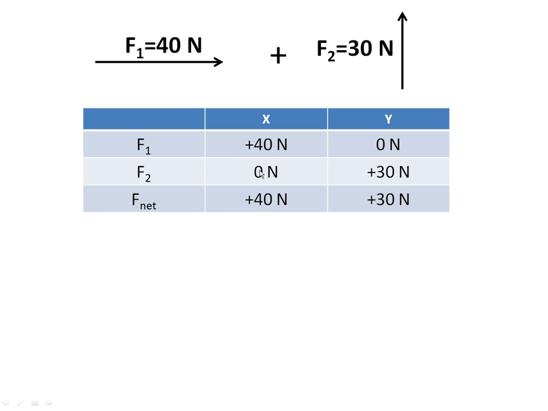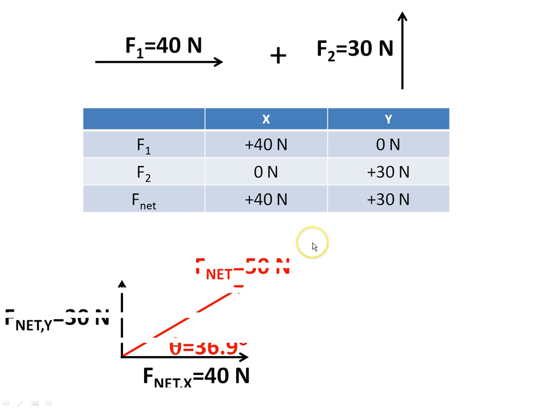What you do next is add up all the numbers in the x column, so 40 plus 0 equals 40, and you add up the numbers in the y column to get 30, and these two numbers in the bottom row are the components of the net force vector. What I usually like to do is make a new sketch that shows an x component of 40 newtons and a y component of 30 newtons, and let those two components guide the net force that I end up drawing, which is of course the diagonal of that figure.